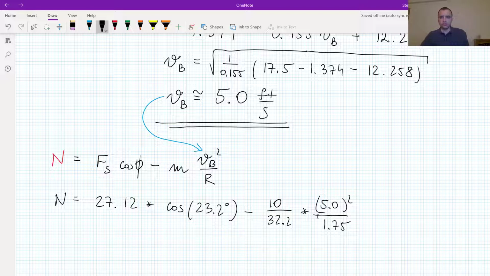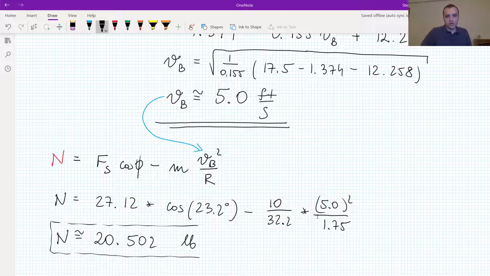If you grab your calculators for the last time today, you will obtain that the normal force between the collar and the circular bar is approximately 20.502 pounds.